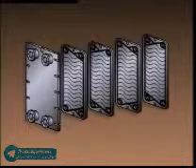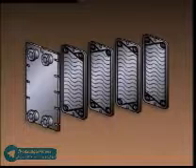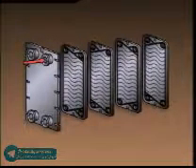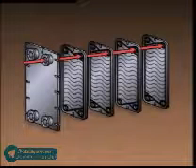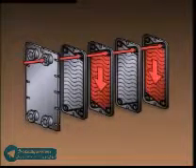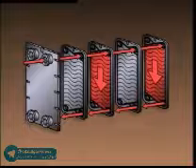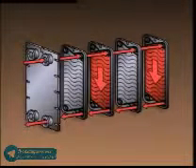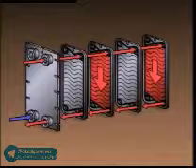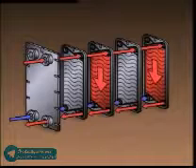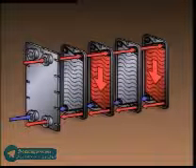If we look at a few of the individual plates, we can see that during operation, the hot fluid enters this inlet, flows through the portholes, and passes downward between the plates. The fluid then flows into the portholes at the bottom of the plates, where it's directed to the hot fluid outlet. The cold fluid enters the heat exchanger on the bottom and passes through another set of portholes at the bottom of the plates.